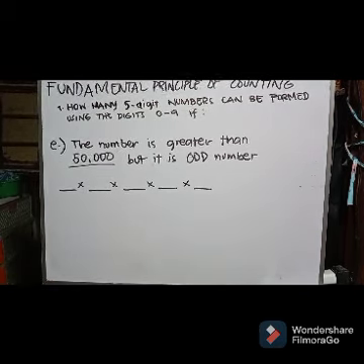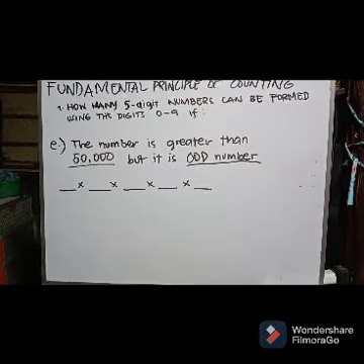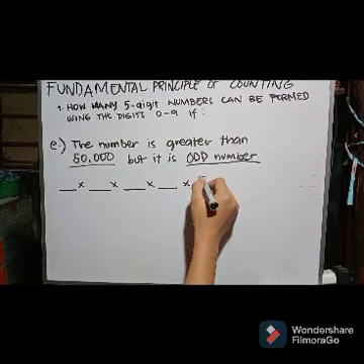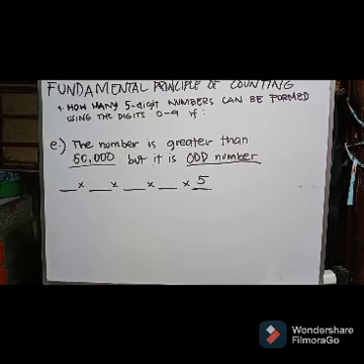For the last digit, it is an odd number, so we can only use 1, 3, 5, 7, and 9. So the last digit should be 5 options. For the first digit, the number should be greater than 50,000, so the first digit can be 5, 6, 7, 8, or 9.